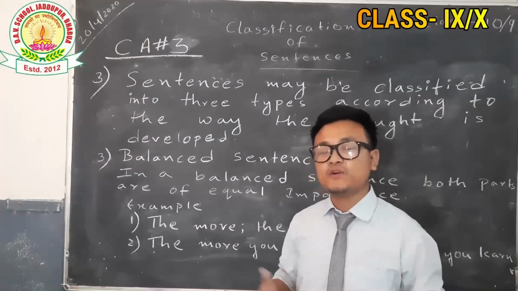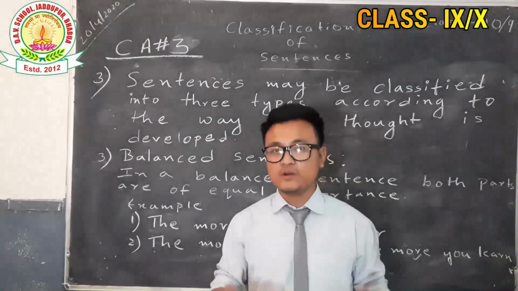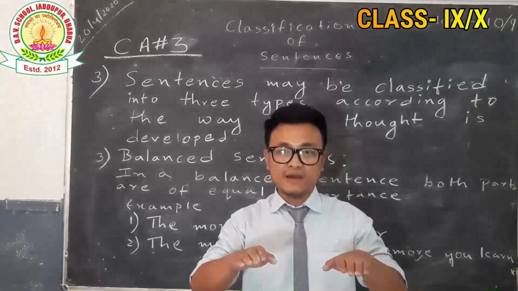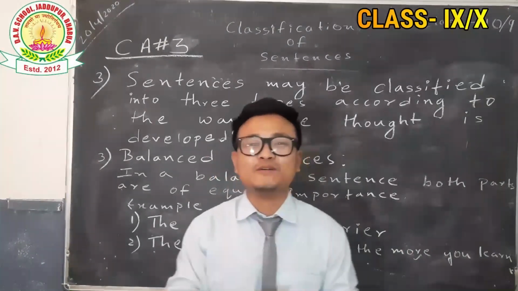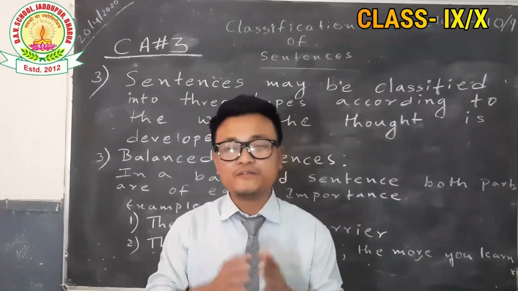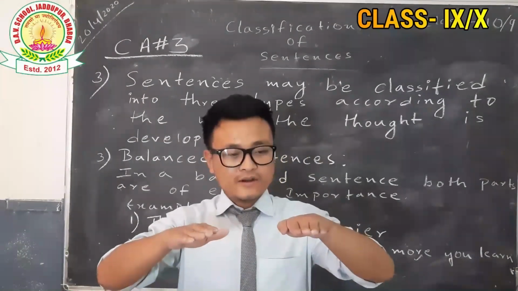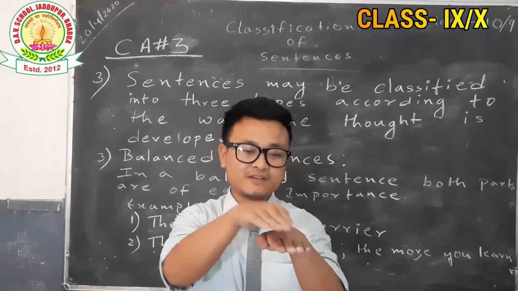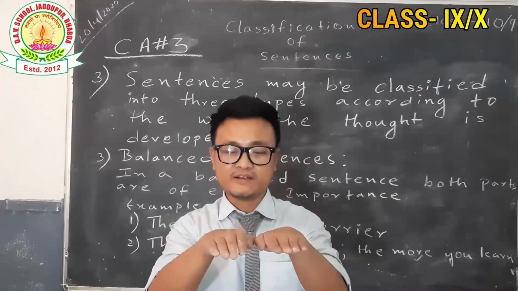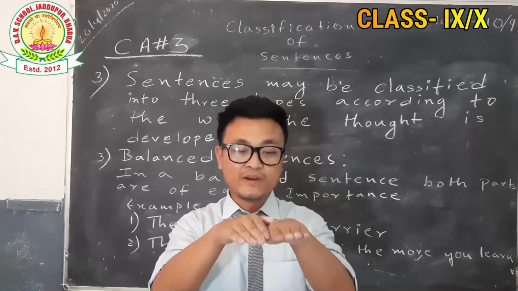So what do you understand by balance? We all know it means to maintain a balance, right? So in a sentence, for example, there are two types of sentence added together, one independent and one dependent. One has more weightage, another doesn't.